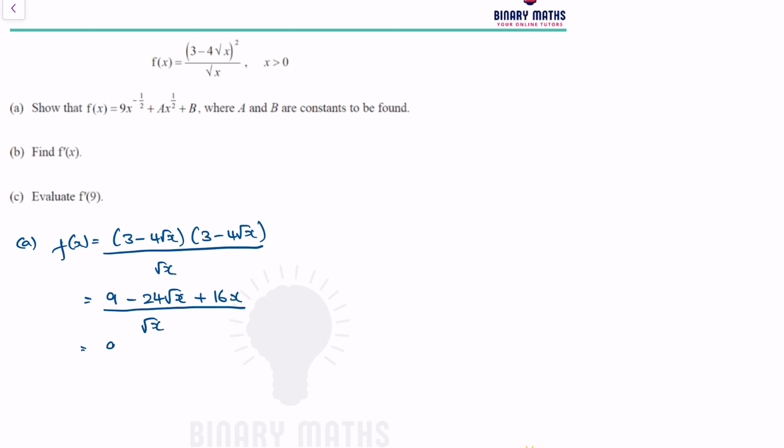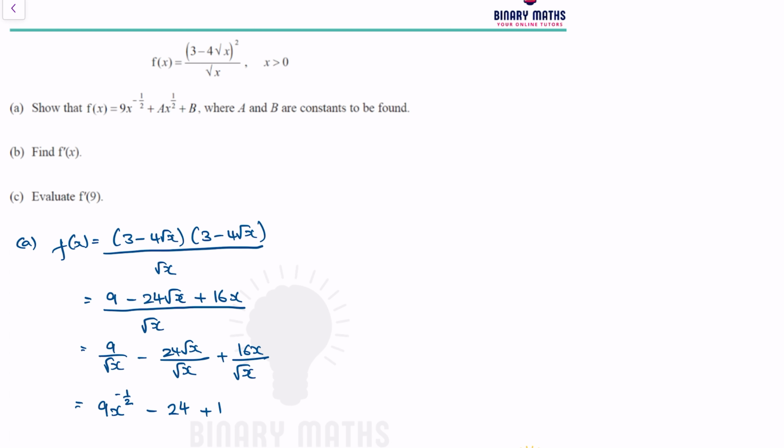And separate them out, which is 9 over root x minus 24 root x over root x plus 16x over root x. So the first term is 9x to the power of minus a half, because root x is in the denominator, so there's a negative involved, and root x can be written as x to the power of a half. Second term becomes minus 24, because the root x cancels out in the numerator and the denominator.